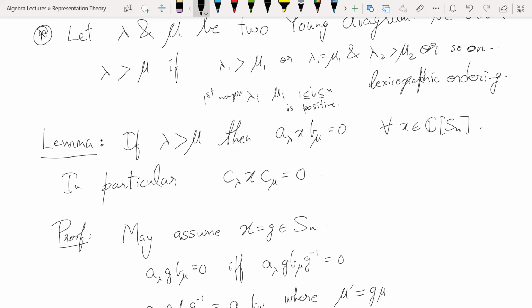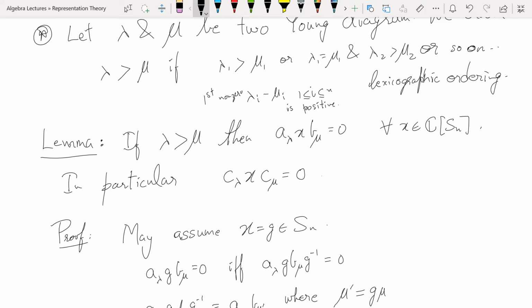So this lemma will help us say that if lambda and mu are different Young diagrams, then the representations we get are different, so they are not isomorphic representations.